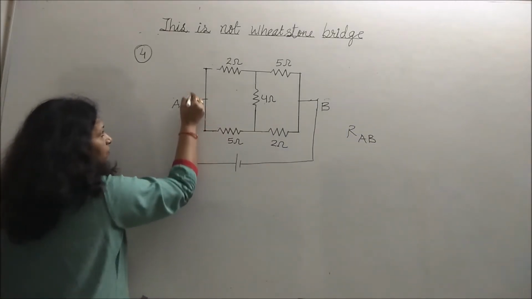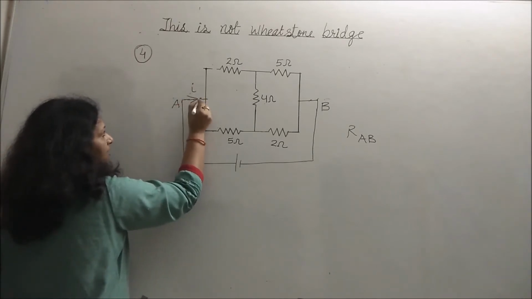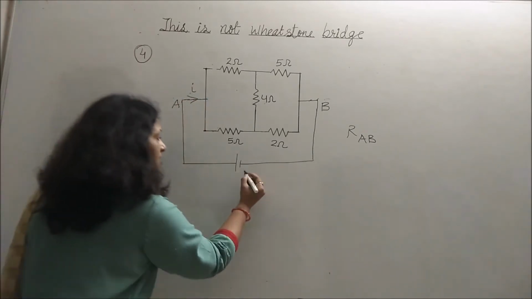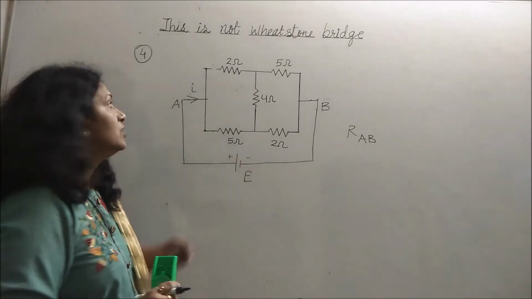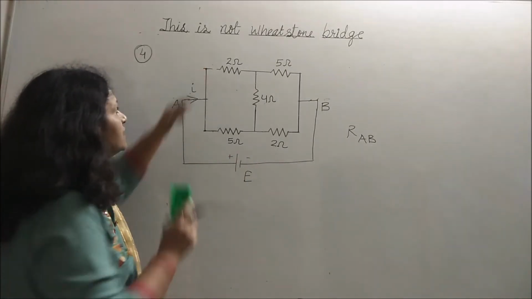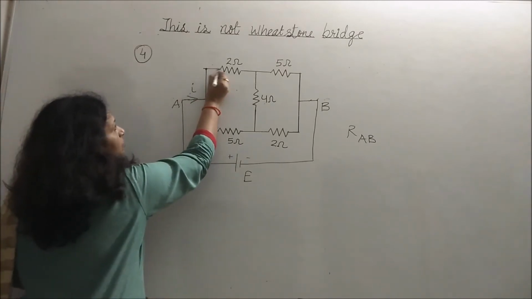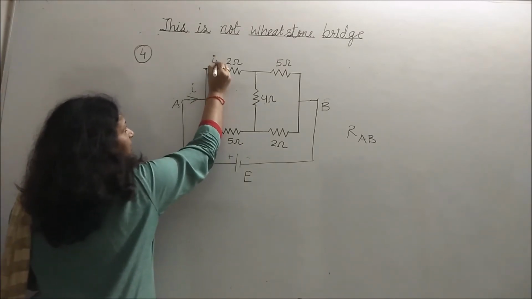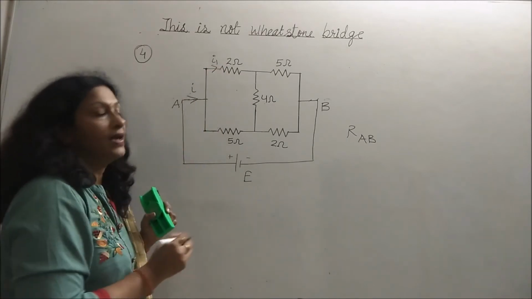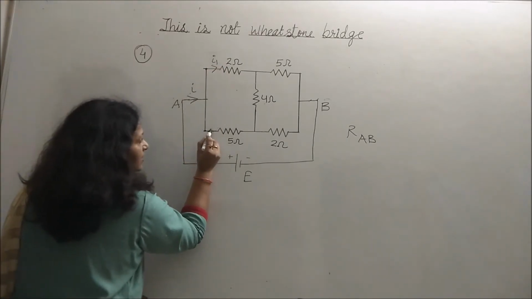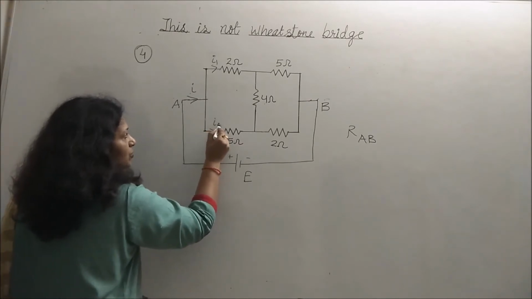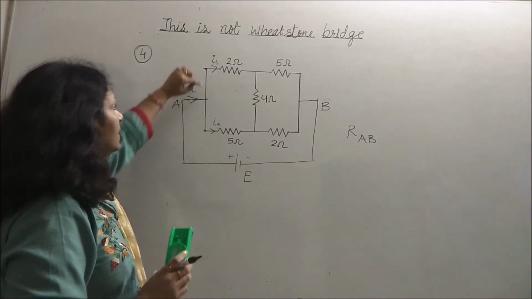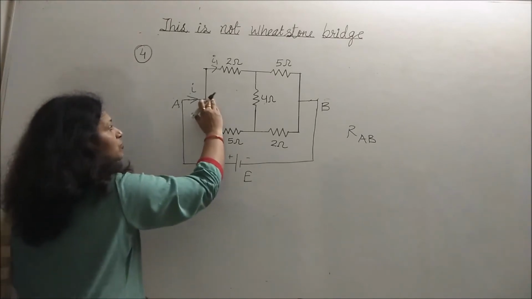A current would be flowing here, and let this current be I, and this battery is E with positive and negative terminal. So this current would be divided into two parts. One would be flowing here, and say it is I1, and here will flow another current, and suppose this current is I2. As we can see in this node, it is divided into two parts.